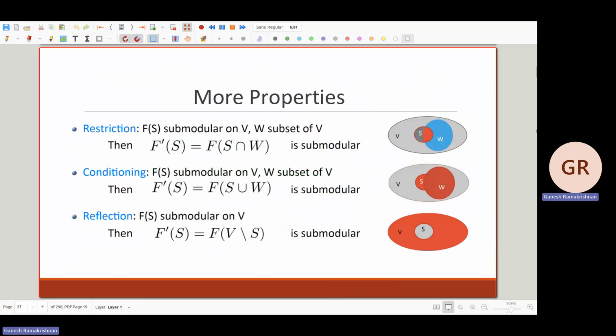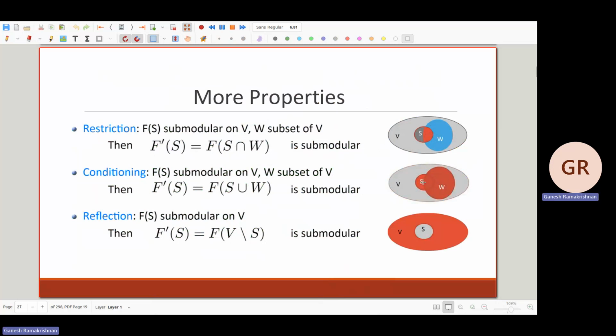Right? So restriction, I give you just as an explanation of what was said earlier. If f(S) is submodular on V and W is a subset of V, then this restriction, where you're restricting S to W, gives f dash defined on this restriction, which is submodular if originally f is submodular.